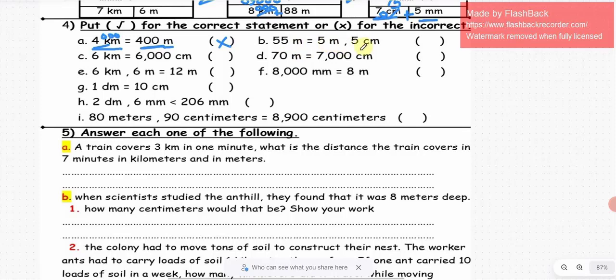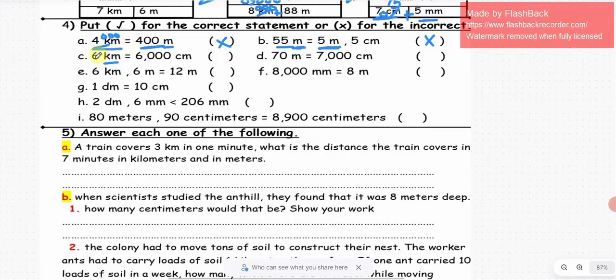55 meter equals 5 meter and 5 centimeter. Cut. When do I cut meters from meters? No, it's 55. How can it be 5 only? It's wrong. 6 kilometer equals 6,000 centimeter. Let's check.